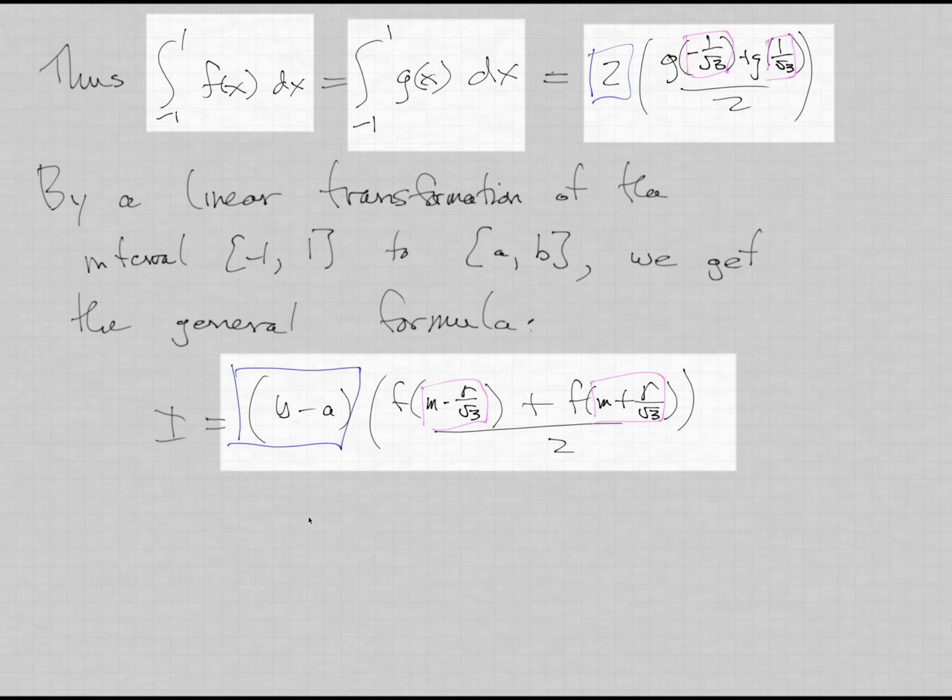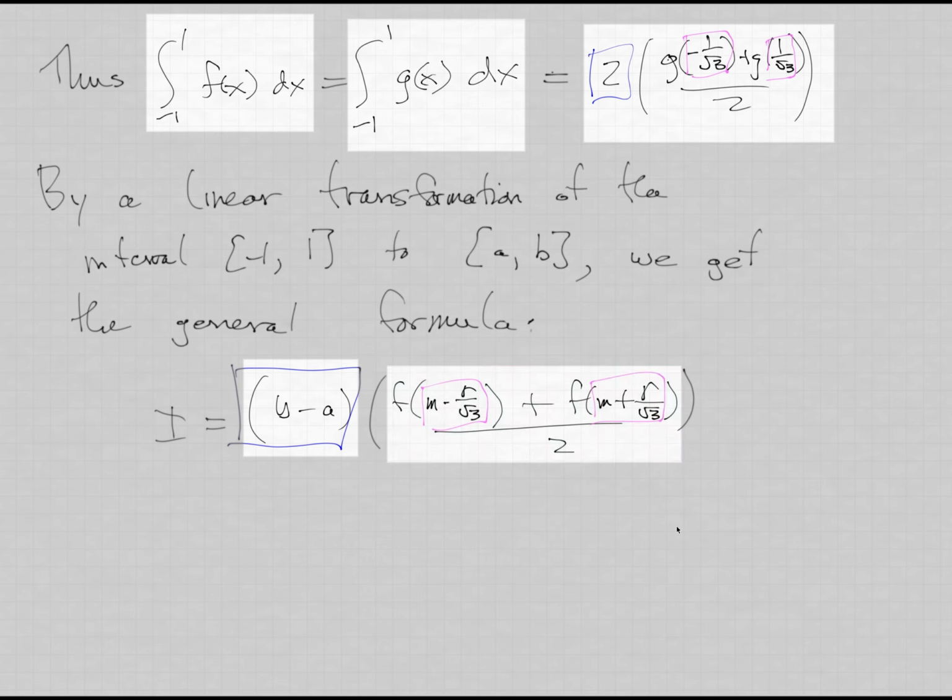We multiply the length of the interval times the average value of the function evaluated at 2 sample points. One point is at the midpoint minus r over radical 3, and the other is at the midpoint plus r over radical 3. As long as we sample the original function at those 2 points and average them, that's a valid average that we can use to compute the integral by multiplying by the length of the interval, right?